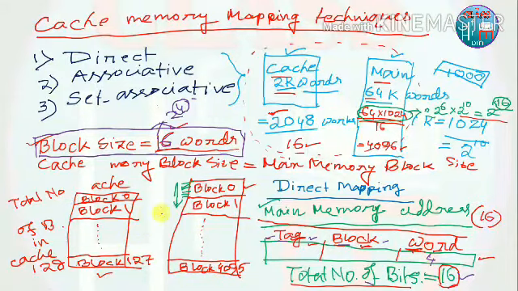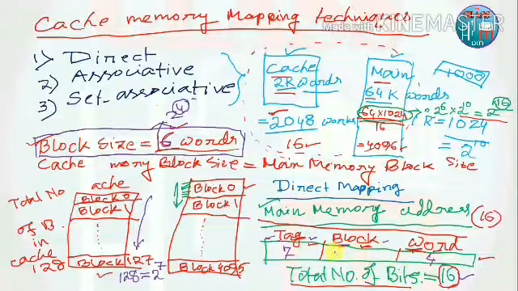You will see the total number of cache blocks. Your total number of cache blocks is 128. So 128 equals 2 to the power 7. So your tag field will be 7 bits.